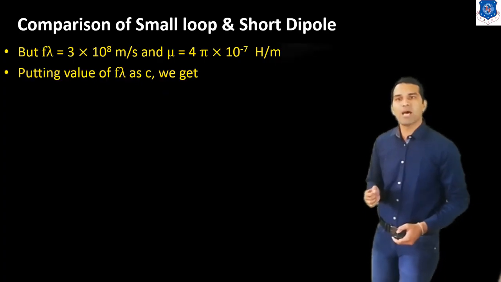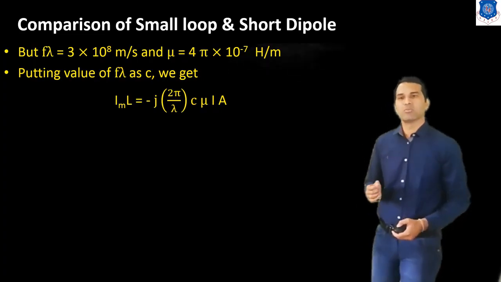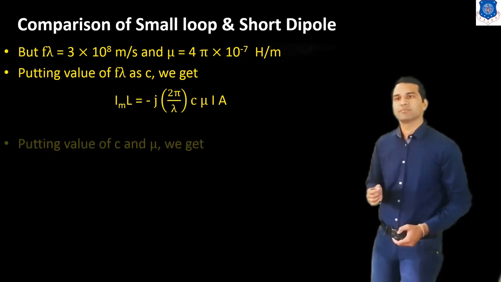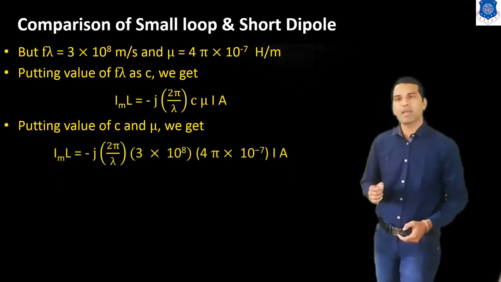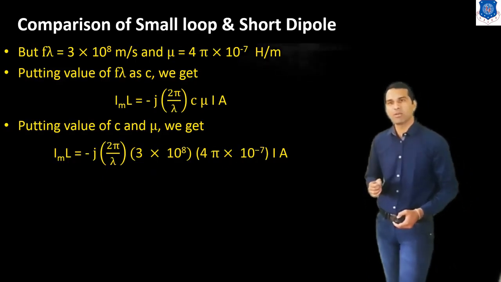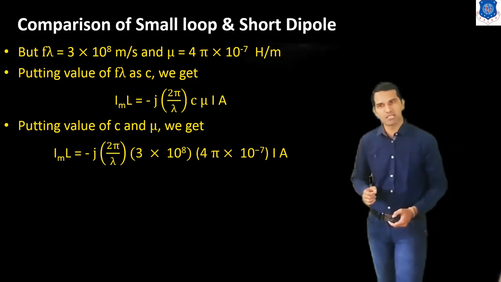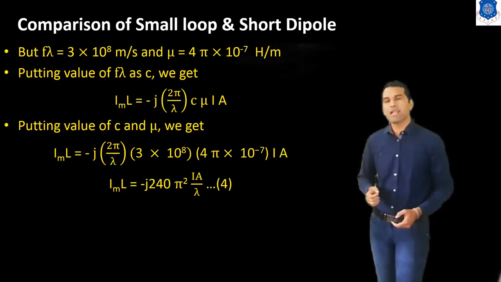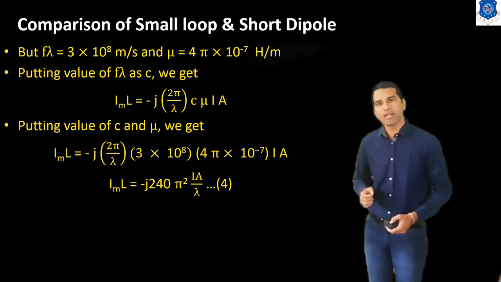So putting the value of f into lambda as c, we get Im into L is equal to minus j 2 pi by lambda, c mu, into I A. Now putting the values of c and mu, we get Im into L is equal to minus j 2 pi by lambda, with c equal to 3 into 10 raised to 8 and mu equal to 4 pi into 10 raised to minus 7. When we solve this equation, we get Im into L is equal to minus j 240 pi squared I into A upon lambda.